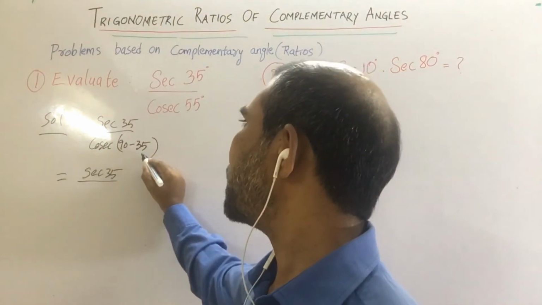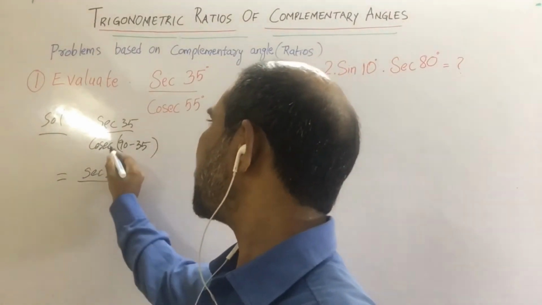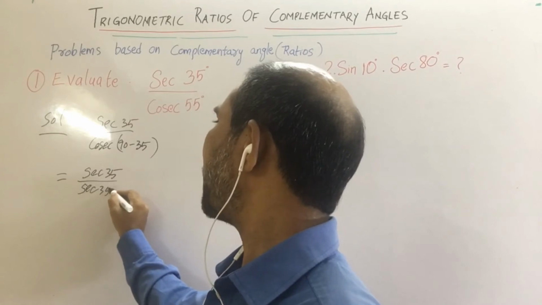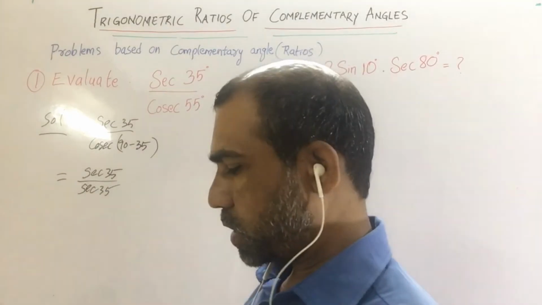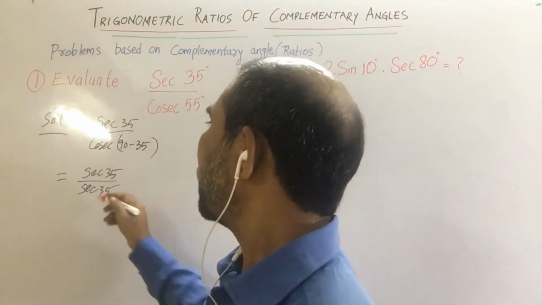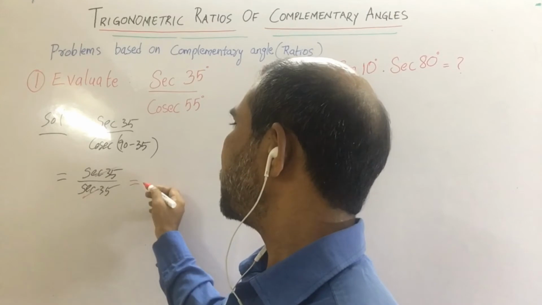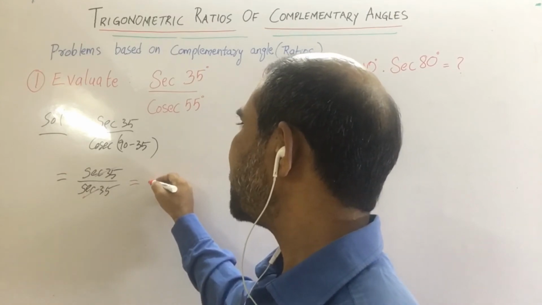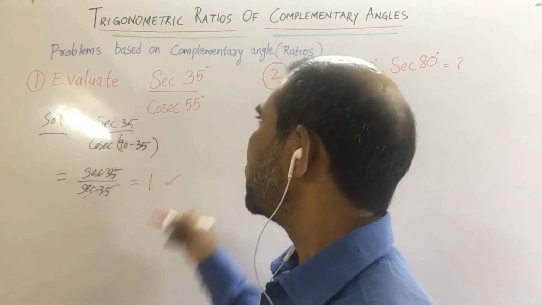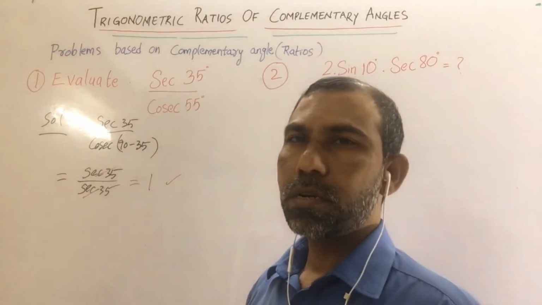Cosec(90 minus 35) is sec 35 according to the rule. So, now you can see they are both common. So, you can cancel sec 35 and sec 35. The answer is 1. This way you can solve the complementary function problems.